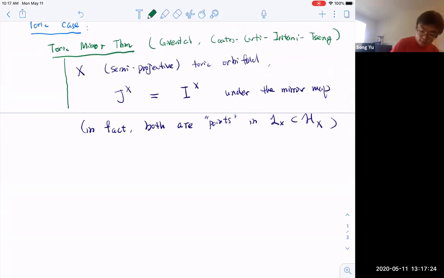As an example of previous work, I would mention this paper by Coates, Iritani, and Jiang. So this is the CTC for the toric case.